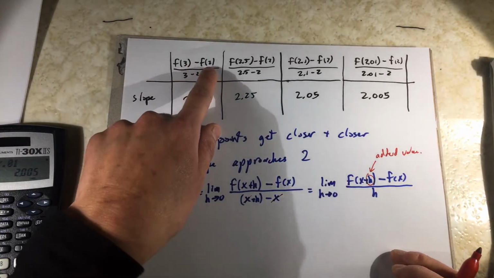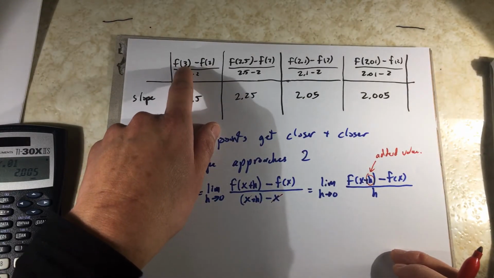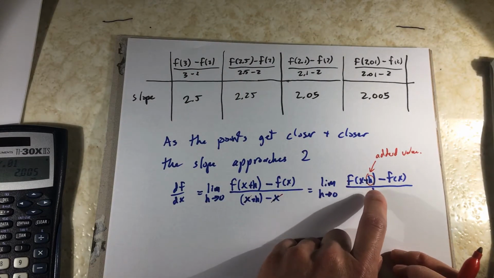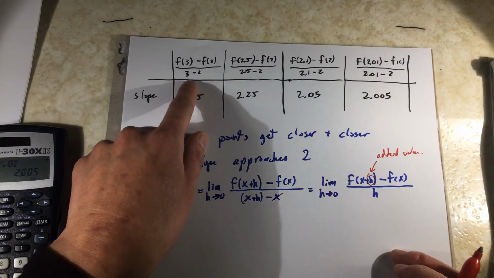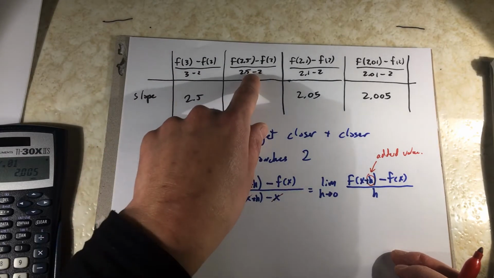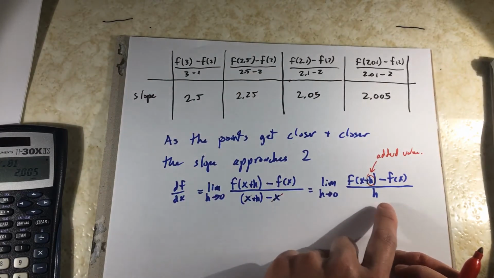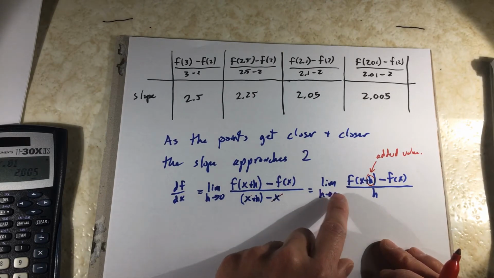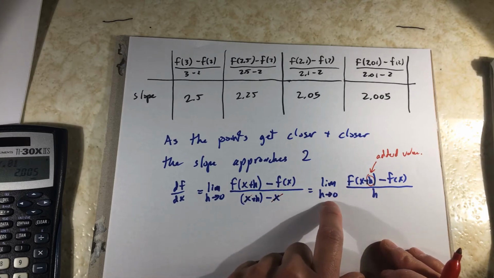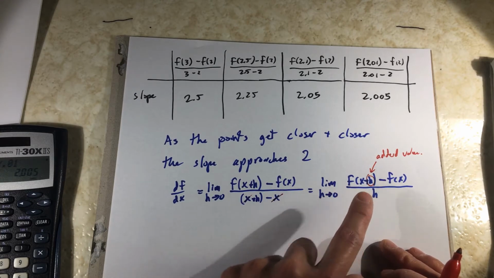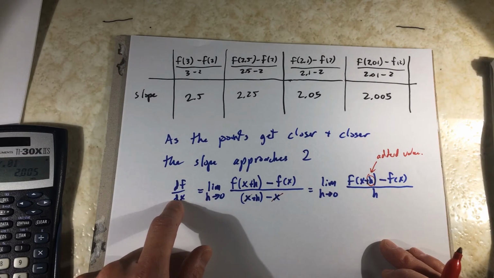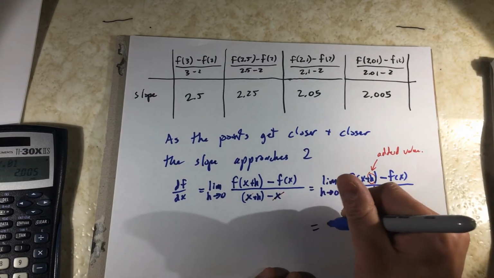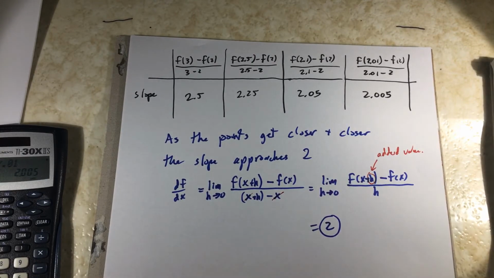And if you notice, each of these, 3 minus 2 is 1, then 0.5, 0.1, 0.01, that value we add is actually the denominator. And what we're saying is the derivative is, as this little added value gets smaller and smaller, so as it approaches 0, this is going to be closer and closer to the slope of the tangent. And in our case, that value, I'll just use blue, happens to be equal to 2.